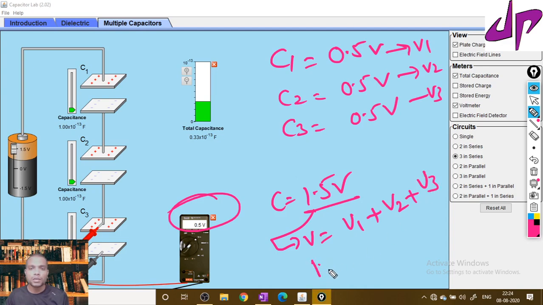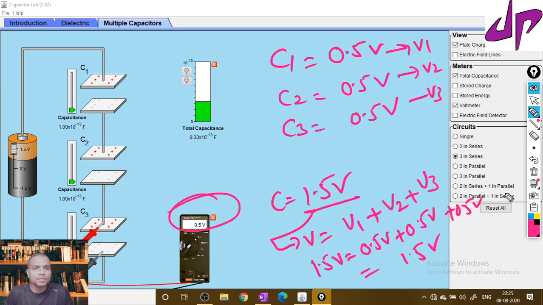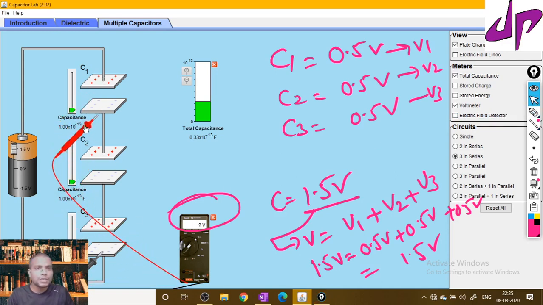So 1.5 equals 0.5 volt plus 0.5 volt plus 0.5 volt, which equals 1.5 volt. So in the series expression, the total potential difference equals the sum of the individual potential differences.